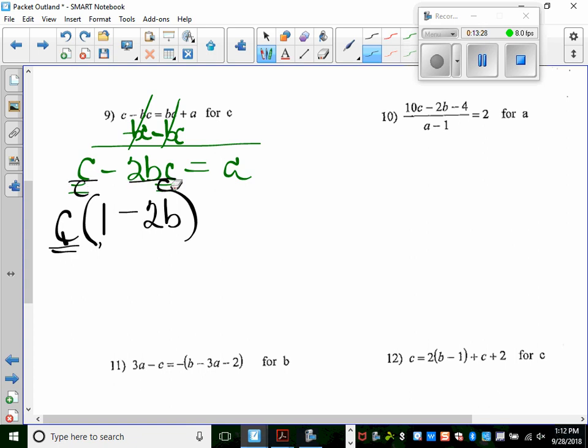Okay, and that gives you 1 minus 2B. So now C is being multiplied by all of this in parentheses. So how do you think I'm going to solve this? Since it's being multiplied, what's the opposite of multiplication? Division. So I'm going to divide both sides by 1 minus 2B.